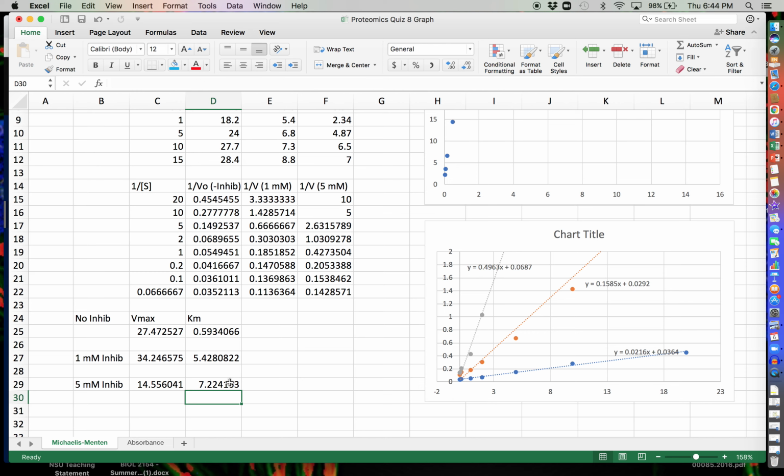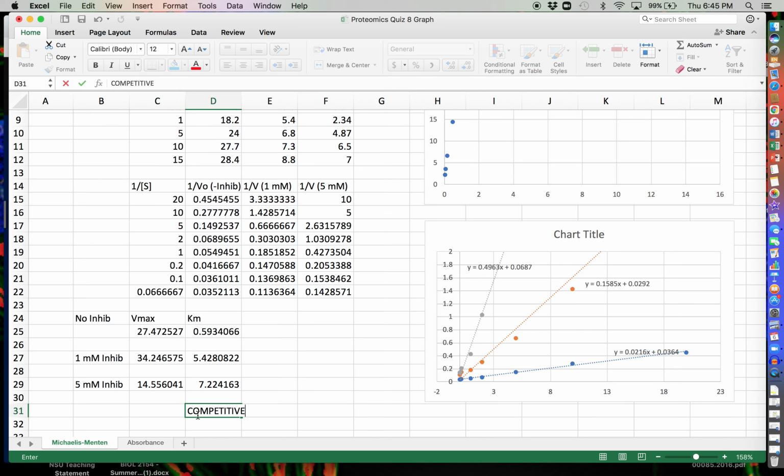There's only one kind of inhibition that follows that trend of increasing the Km but not really changing the Vmax, and that is competitive inhibition. You can overcome a competitive inhibitor by just increasing your substrate concentration.